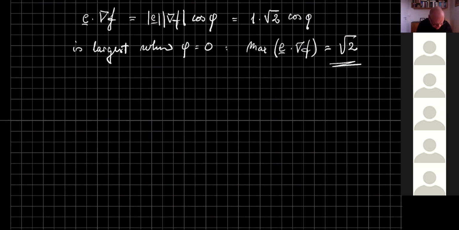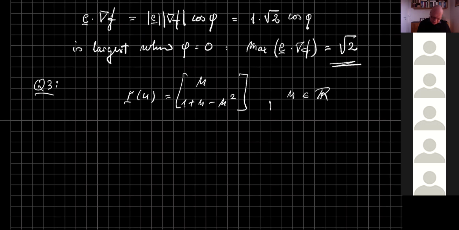I have question 3. I have this parametric representation, and then 1 plus u minus u squared, and u is just any real number.